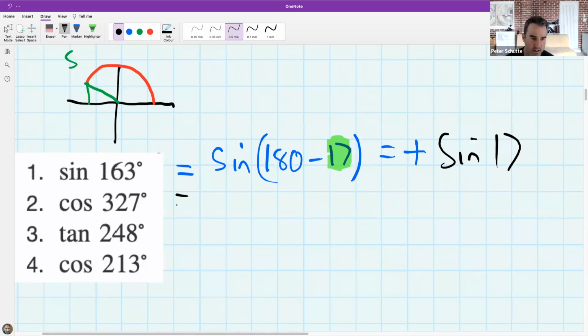I want everyone to try and do these next two ones for me. So I want you to reduce the cos of 327 and the tan of 248 to trig ratios with acute angles, angles that are less than 90. And I want you to give that a go now. Now, if you're feeling stuck, then please do put your hand up and I will assist.